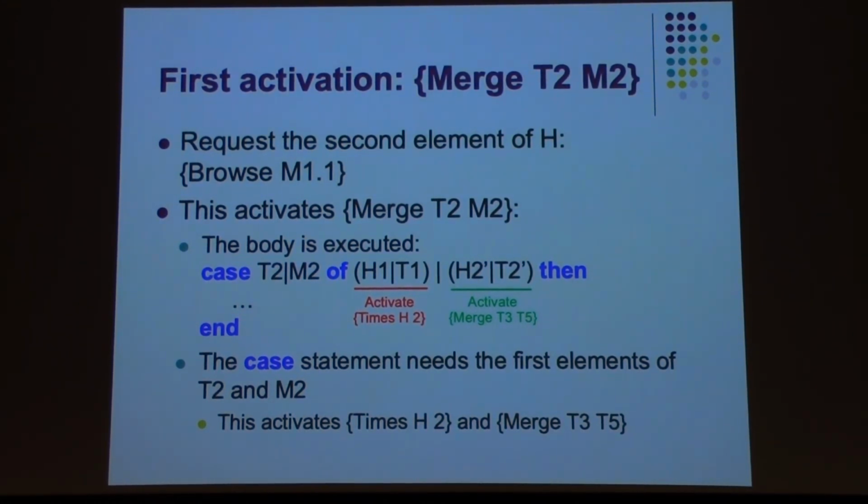If I want the first element of M1, M1.1, this will activate the suspension, but it will continue activating more suspensions. So there's a whole chain of suspensions being activated. So these two will be activated. Times H2 and merge T3, T5 are also activated. That means the bodies of those two were also executed, and so on.